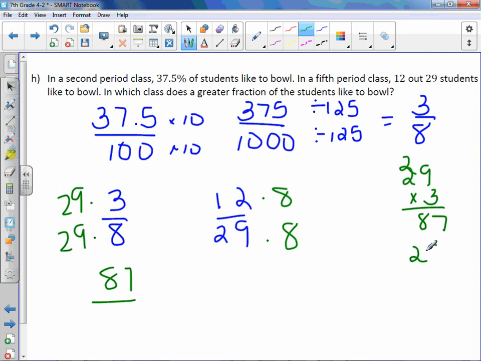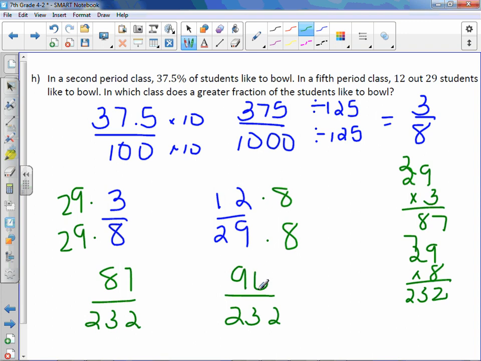And 29 times 8 is 232. Here, I know the denominator is 232, and 12 times 8 is 96. 96 over 232 is larger, and that is in fifth period. So our answer is fifth period.